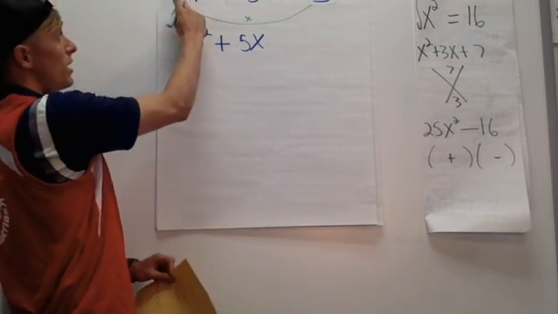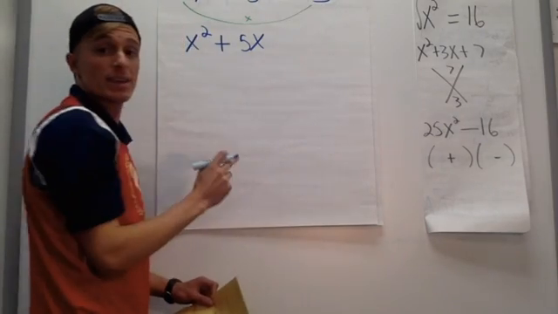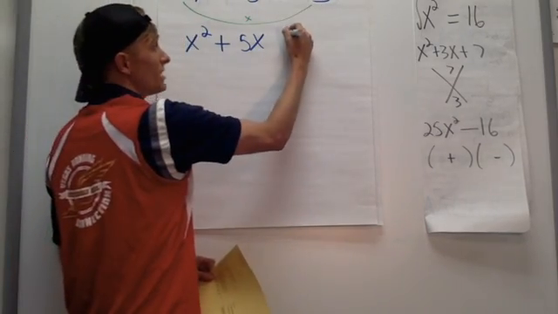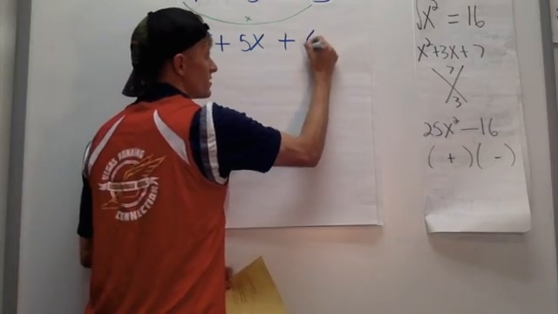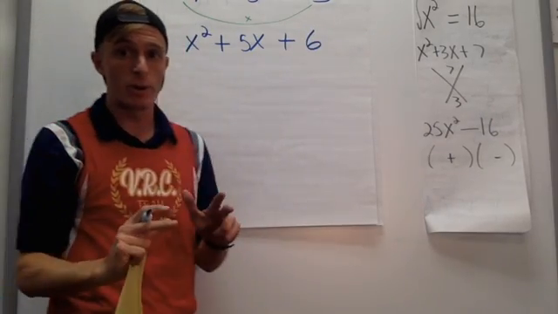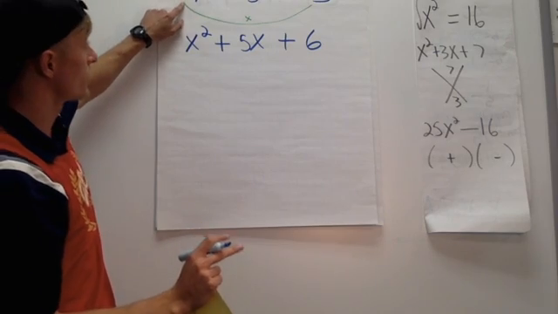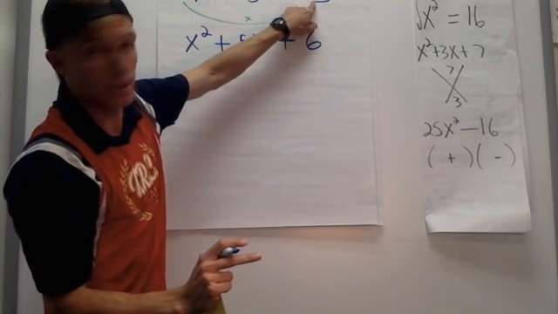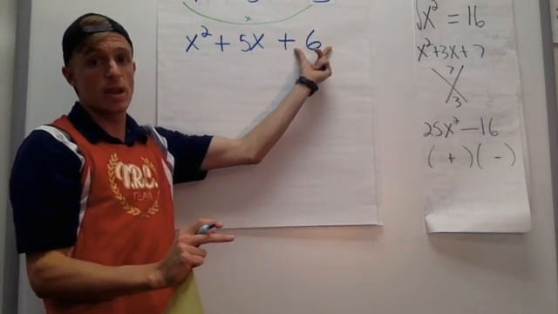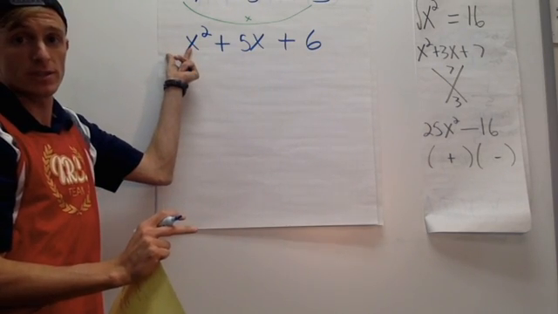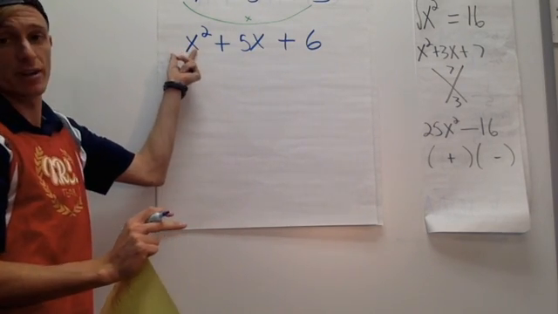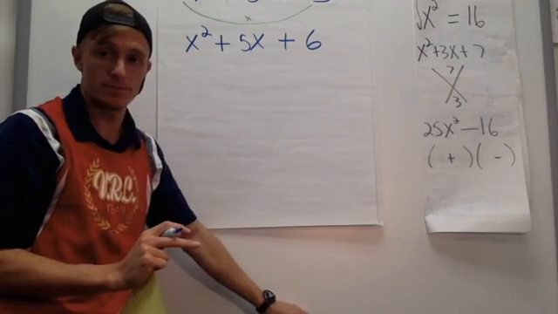And then we multiply 2 times 3 and make it a 6. So we make our last number a 6. Let's review what we did there. We multiplied the first number times the last number and replaced the last number, and we dropped our leading coefficient. So there's now nothing in front of the x squared. We dropped the 2.